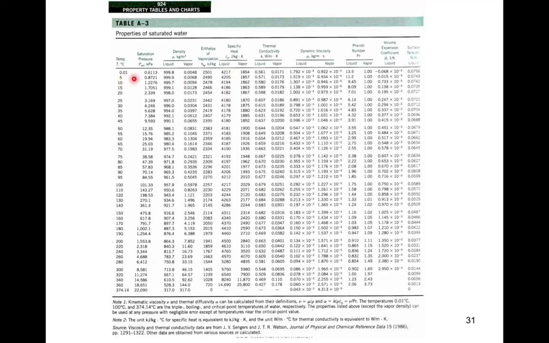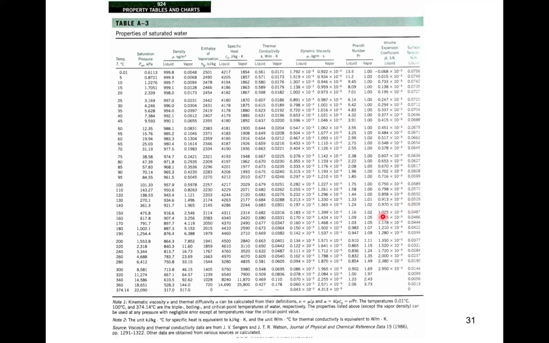As you can see, this table shows temperature, saturation pressure, density of liquid, density of vapor state, and different properties. Some of it is used in this unit. For example, this is viscosity, which we're using, and surface tension, which we're also using.